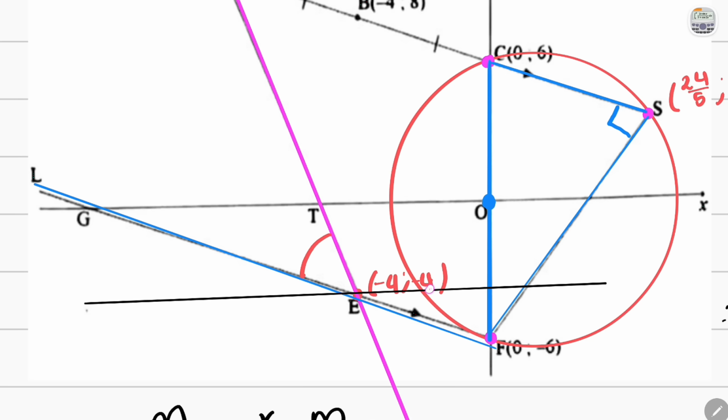So the angle of inclination of this line, the blue line, that is line LF. If you find that angle of inclination, do you see that if you subtract it by the angle of inclination of this purple line, which we also have the equation of, then you're going to end up with this part. I'm just saying this minus this would give you this part.